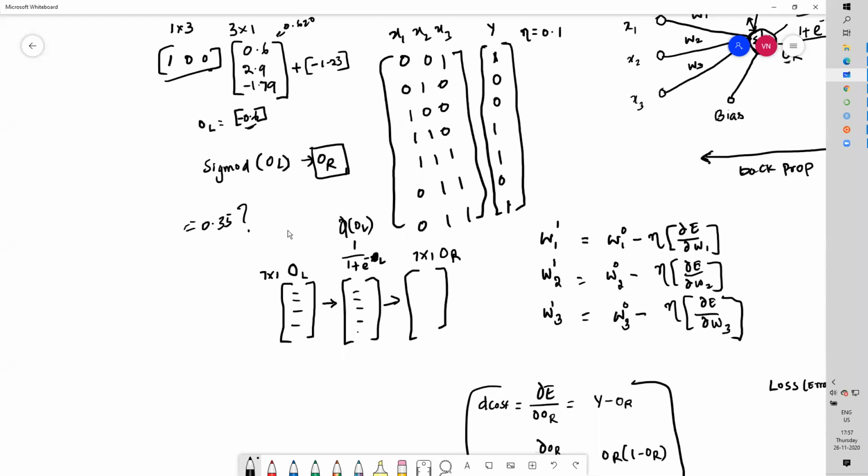When it is close to 0, our output is going to be 0. So we use a cutoff. Cutoff is 0.5. When OR is less than 0.5, then our prediction y hat is equal to 0. When OR is greater than or equal to 0.5, our prediction y hat is equal to 1.